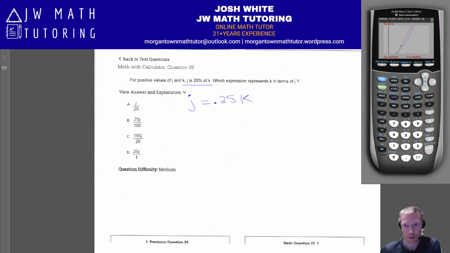And then it wants to know what represents K in terms of J. So that means just solve this equation for K. Divide both sides by 0.25, and you get K equals J divided by 0.25. So really what you have to do is take 1 and divide that by 0.25, and notice that comes out to 4.